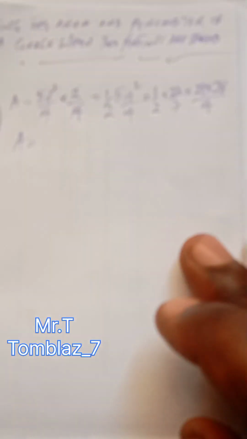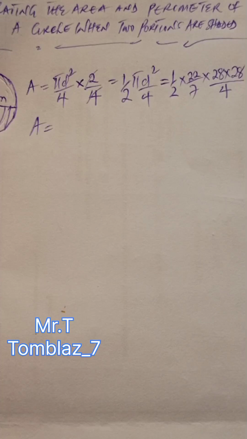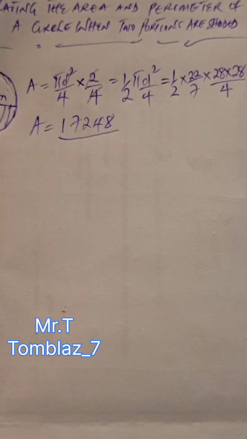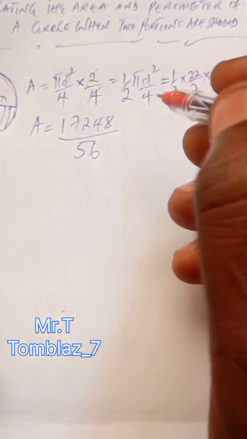Now let's multiply the numerators. We have 22 times 28 times 28, which gives 17248, divided by the denominator, 2 times 4 times 7, which gives you 56.